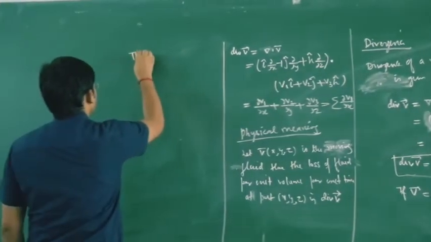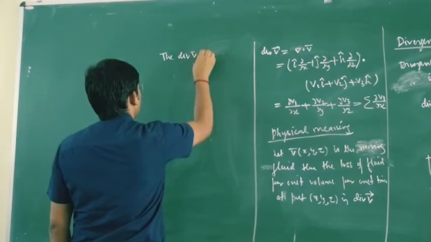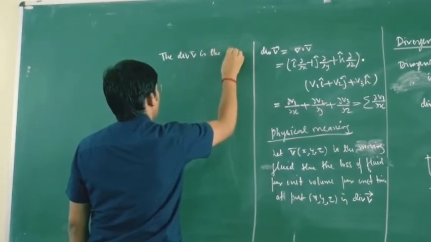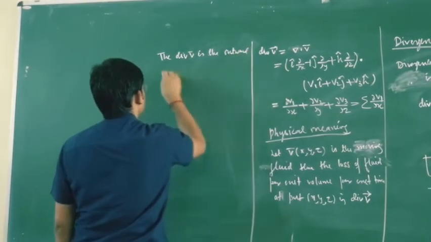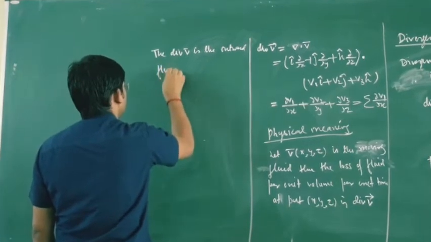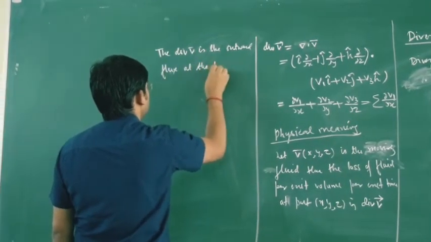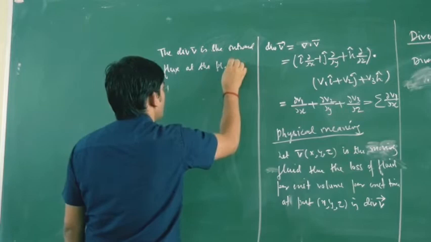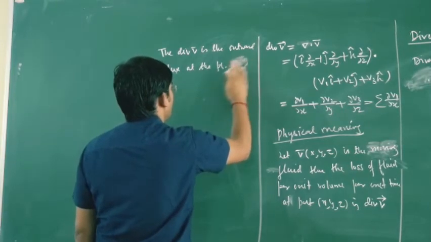Thus, divergence v is the outward flux at the point P(x, y).